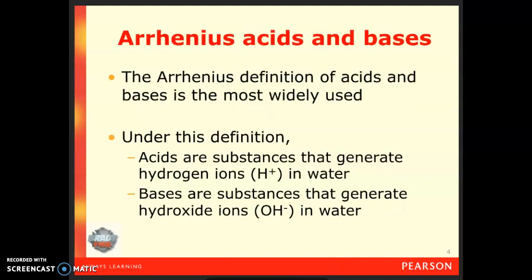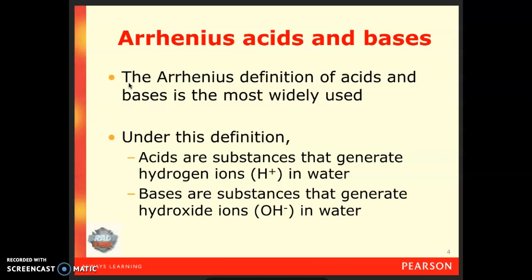Now, as I said before, acids and bases make up the majority of the corrosives that we are going to be studying. And for our purposes, we are going to be defining the acid and base character of substances using something called the Arrhenius definition. In the Arrhenius definition, we're talking about a very narrow focus of acids and bases.